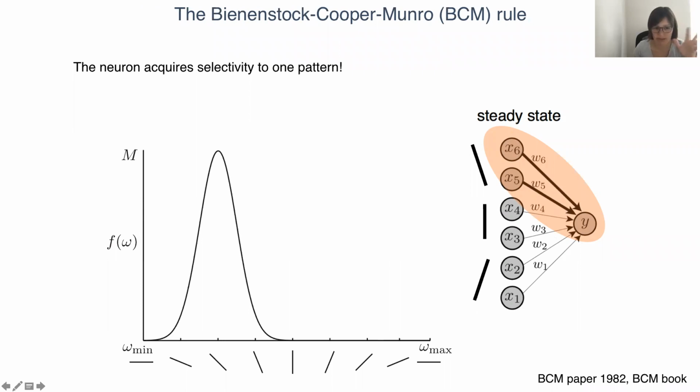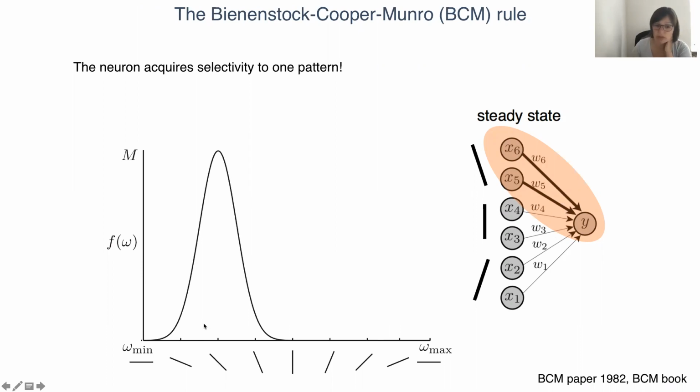This is actually a model curve, where you represent all the orientations, and then you can measure the response of the postsynaptic neuron to all of these different orientations. And so here we saw that the neuron becomes selective to this minus 45 degrees orientation, meaning that the connections from that set of neurons that encode that orientation become potentiated, and therefore the response of that neuron is maximal for that orientation, and then it decreases as you change that particular orientation.